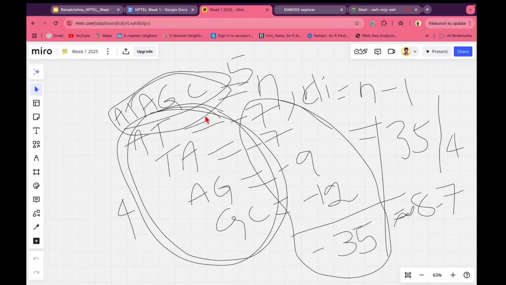So now that I have given that the number of dinucleotides for a given sequence of length n is n minus 1, what will be the number of overlapping trinucleotides you can see for a sequence of length n?